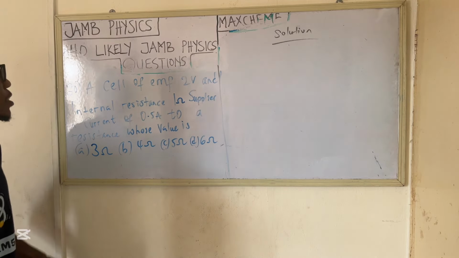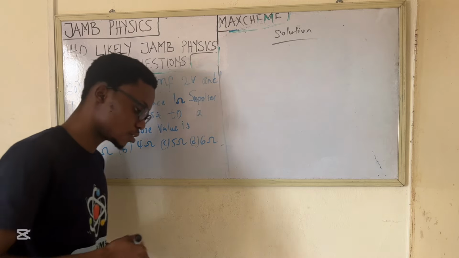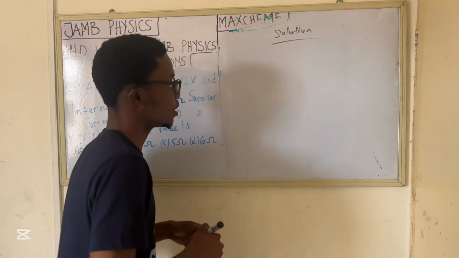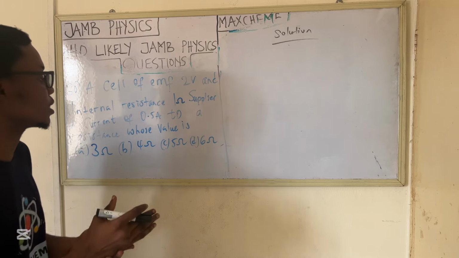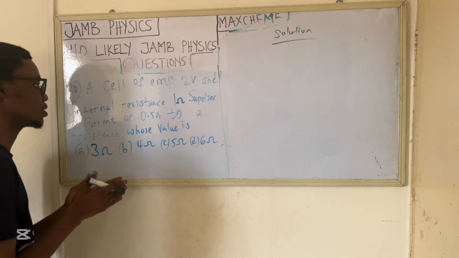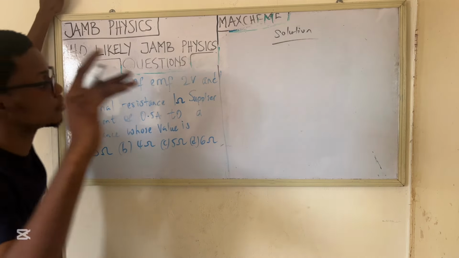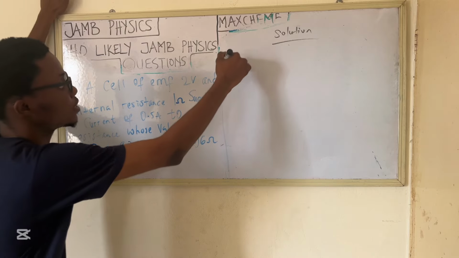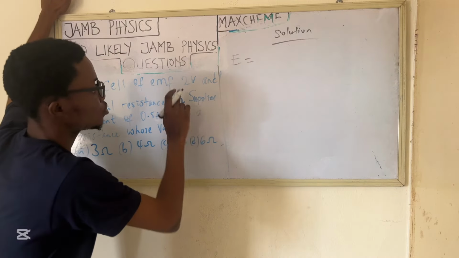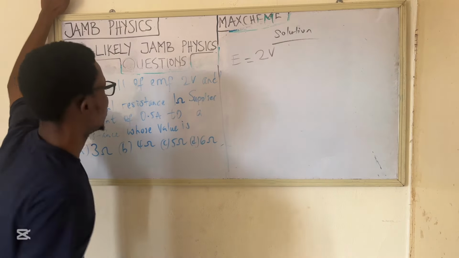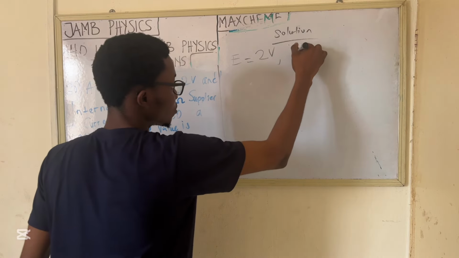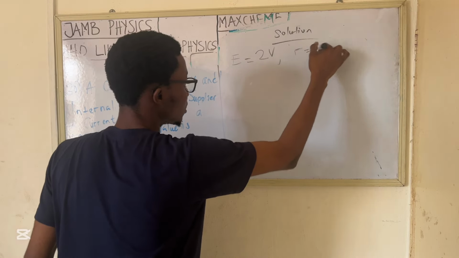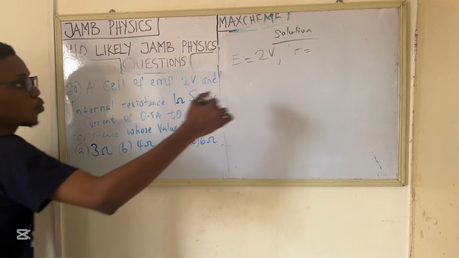Now in this case, you just have to remember the relationship, the formula that combines your voltage, resistance, and current. If you look at what we're given in the question, we have E, which is the EMF, to be 2V, and we have the internal resistance, your small letter r, which is 1 ohm.